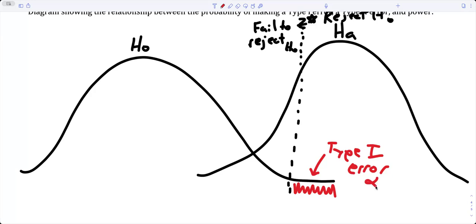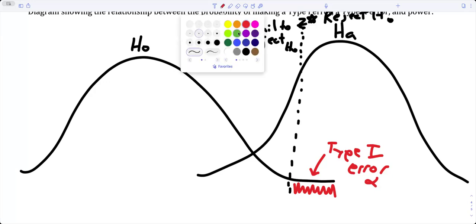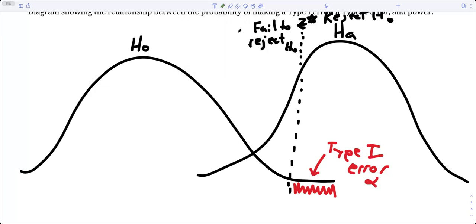Okay. Well, let me change colors here. If I'm on the left side of the dotted line, I'm going to fail to reject H naught. However, I'm still under the curve of the alternative hypothesis.